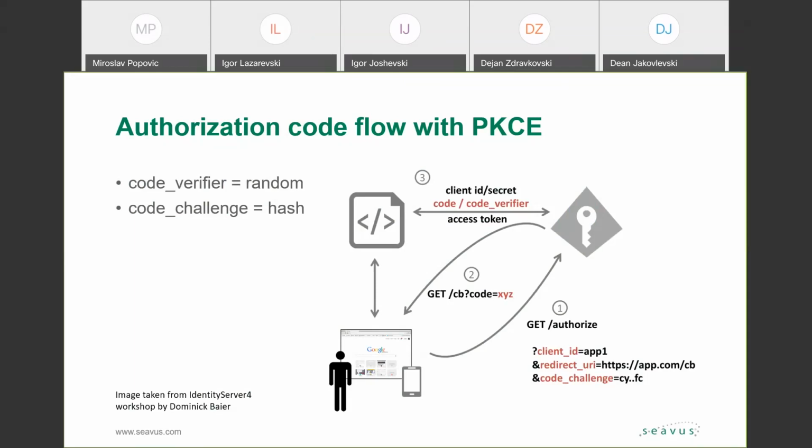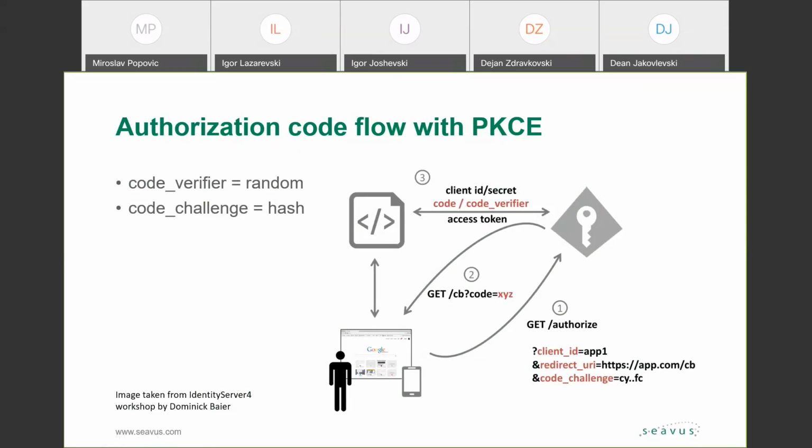In order to prevent that, a proof key for code exchange, or PKCE for short, is added. PKCE is basically a random number which is hashed and sent as the code challenge in the first step. This is the last argument that we have in the authorize call.